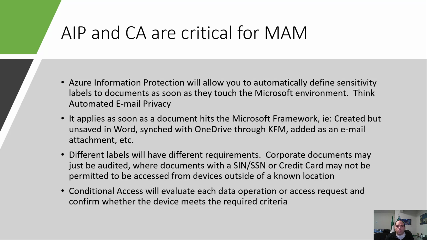So what Azure Information Protection does, from an organization level, is allow us to define sensitivity labels to be placed on corporate data. As a perfect example, I can say that anything that has a credit card number in it, a 16-number format inside of a document, will automatically be labeled as protected and cannot be forwarded, printed, or saved to a local device.